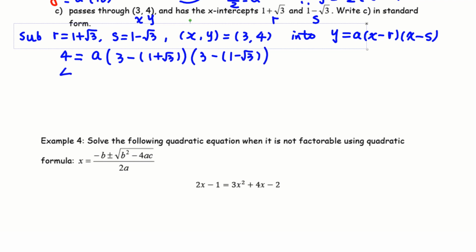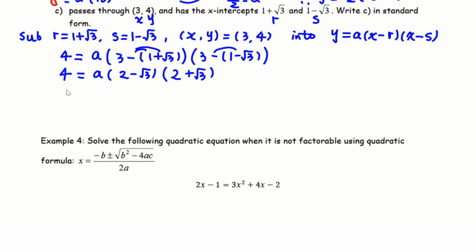Then simplify: we are going to have a times (3 minus 1 is 2, minus square root 3, so the negative applies to each term), then another one is 3 minus 1 is 2, minus a minus is plus square root 3. Then here we need to use the difference of squares: (a minus b)(a plus b) gives you a squared minus b squared.